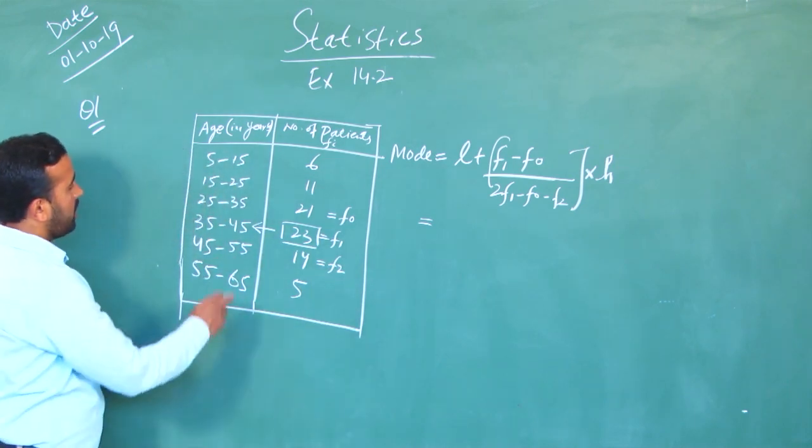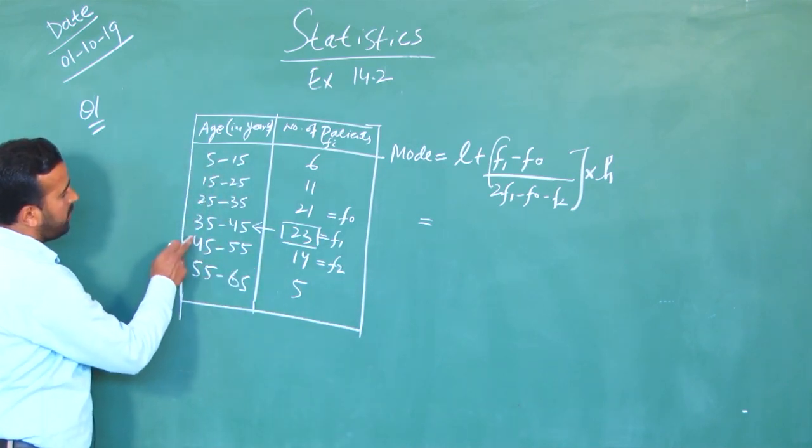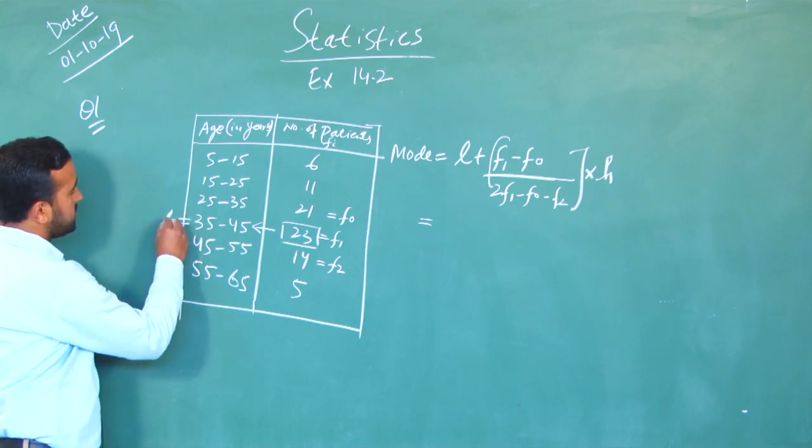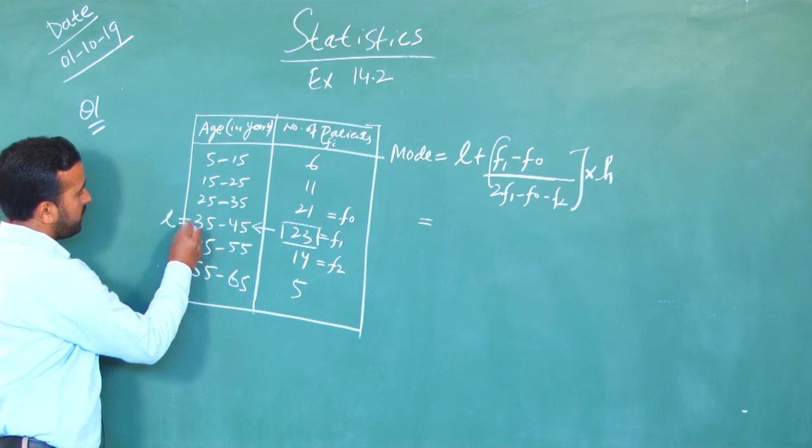And the lower limit of the modal class, from the table, is taken as L. L here is equal to 35.